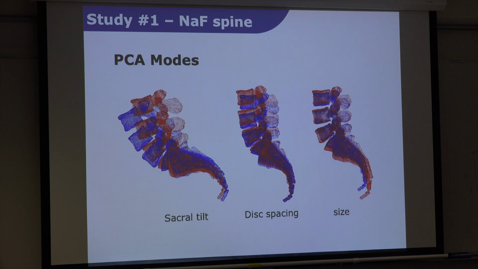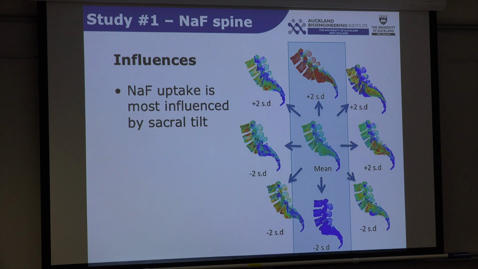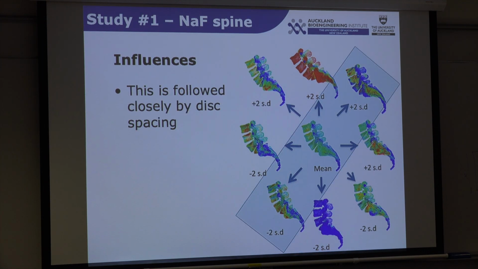And lastly, spinal size, which is a smaller mode, but you can see how the vertebrae are slightly larger. And when we perturbed the results by plus or minus 2 standard deviations, we found that sodium fluoride is actually most influenced by sacral tilt, followed closely by vertebral disc spacing.